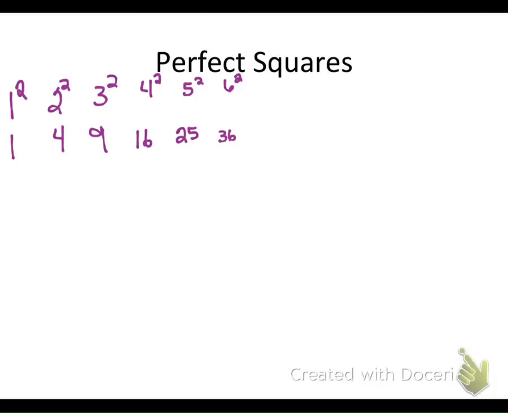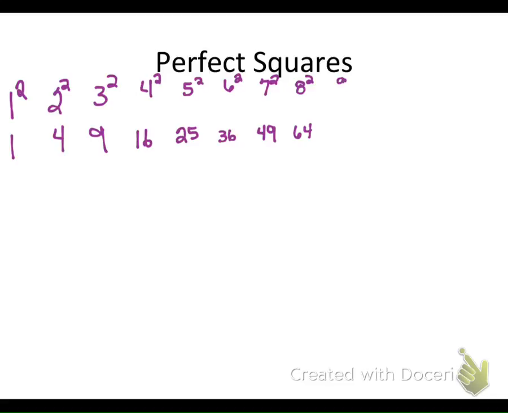After 6 squared will be 7 squared, which would equal 49. After 7 squared would be 8 squared, which would equal 64.